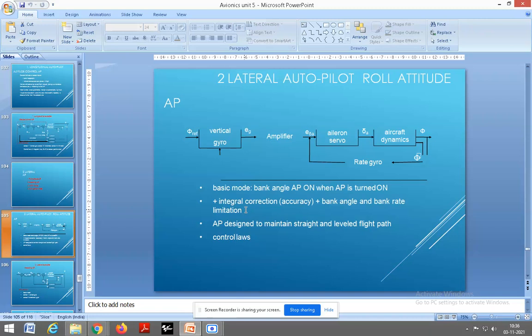The same is followed in the longitudinal autopilot system also. And one more thing is control law. So these are the parameters going to be controlled by the autopilot system.